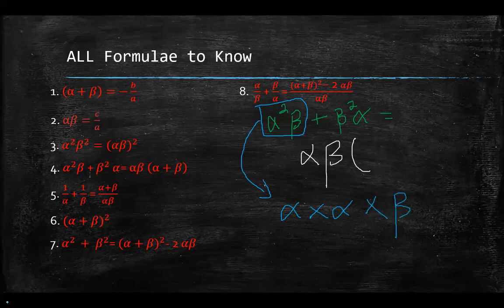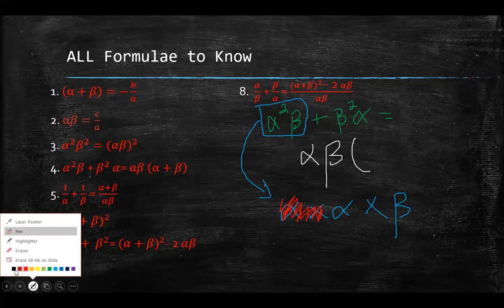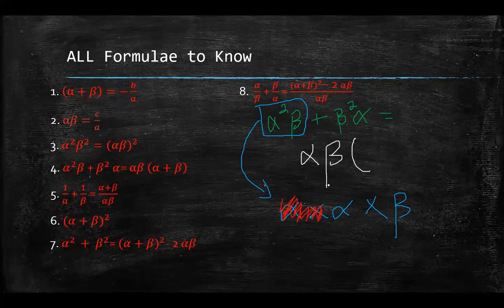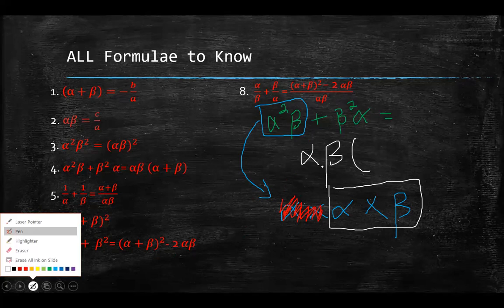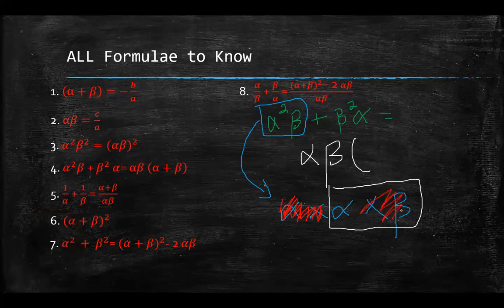If I take out one alpha, what's remaining? Alpha and beta. But what if I take out beta as well? You'll just have alpha. Nice. Alpha plus.